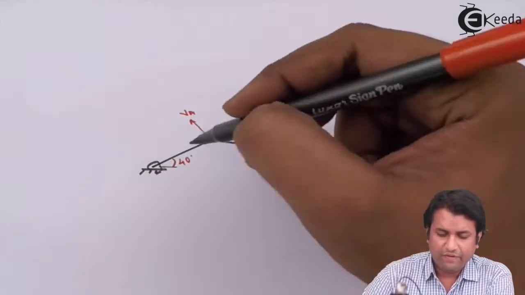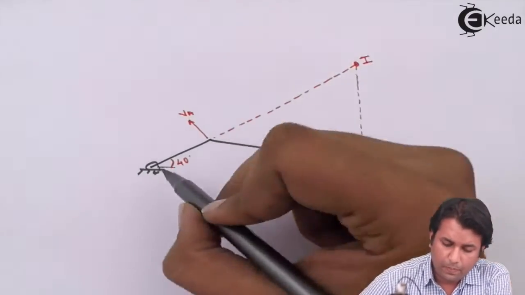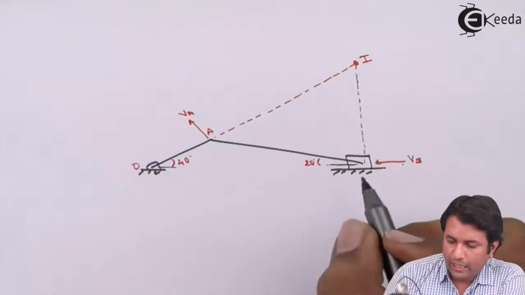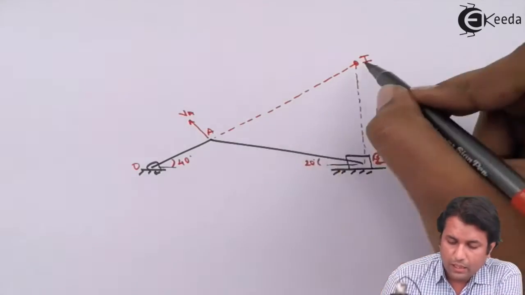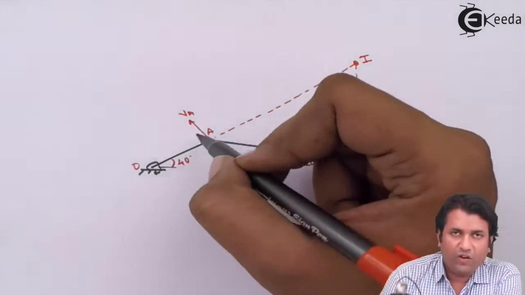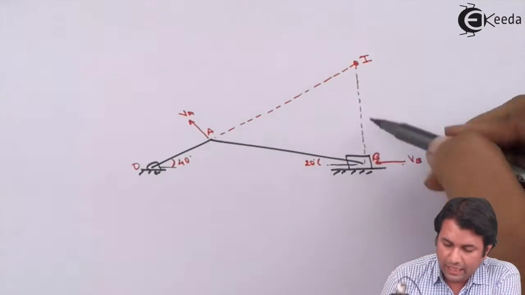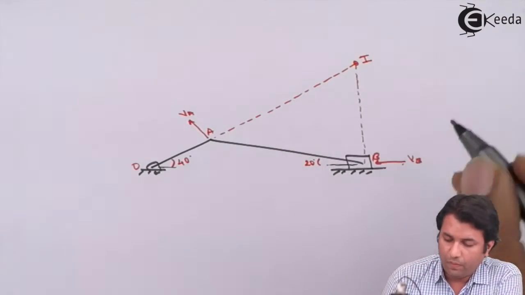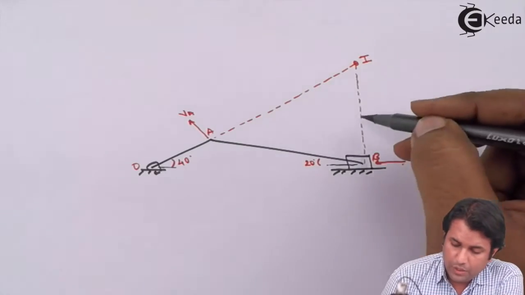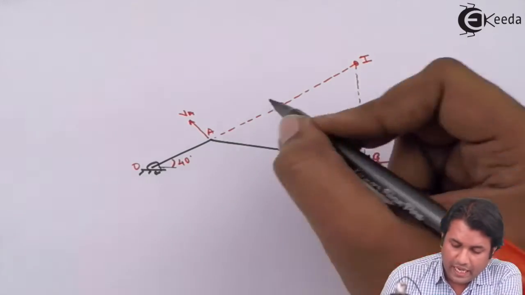Now you can see that VA is perpendicular to this link OA, and this is the perpendicular I have dropped from this velocity point, and this IB is the perpendicular that I have dropped from this VB. Once I do this, I can find out the angles.